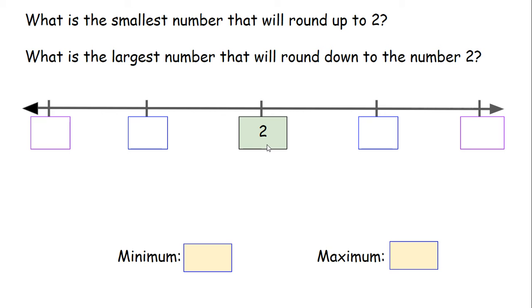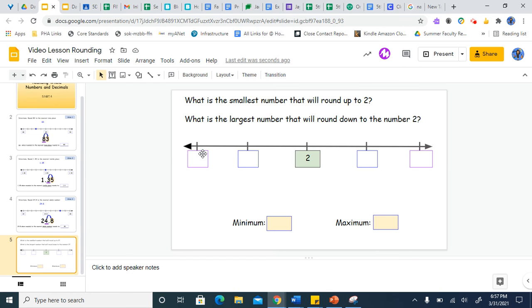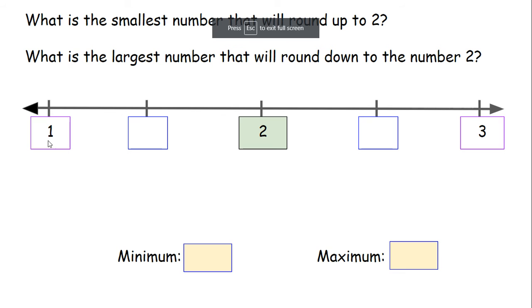So since the 2 is in the ones place, we're going to make our starting point 1 less than 2 and our ending point 1 more than 2. Well, 1 less than 2 would be 1, and 1 more than 2 would be 3. So now we have our starting point and our ending point.